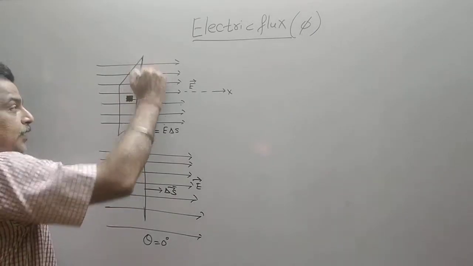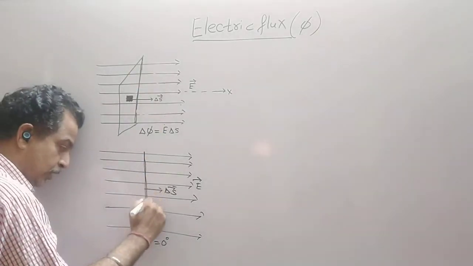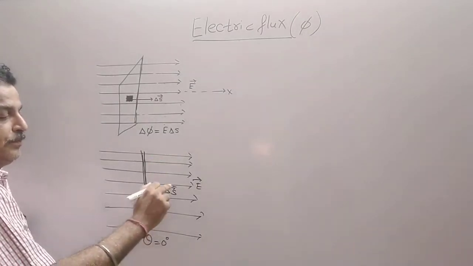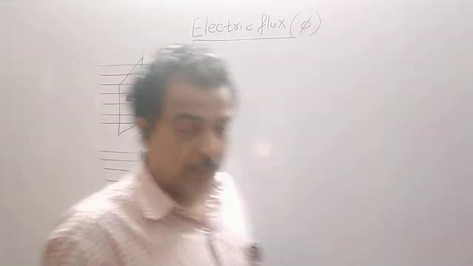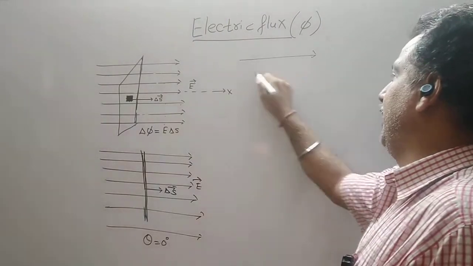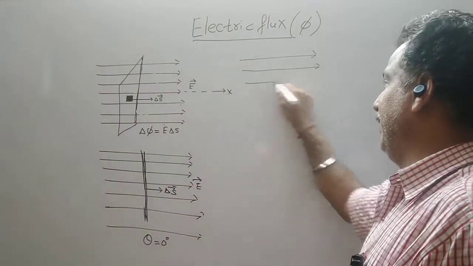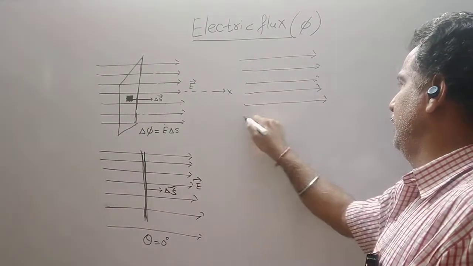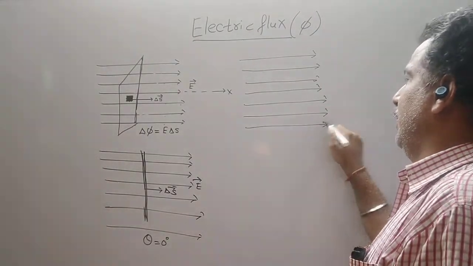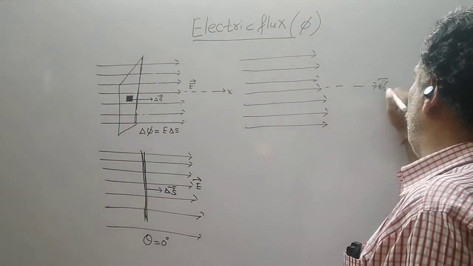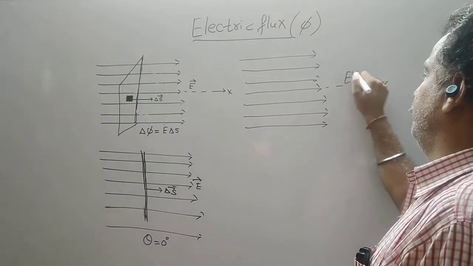This line is drawn here to understand the direction of area vector and E. Now I change the orientation. Again, the electric field lines are the same as before, along the x-axis.